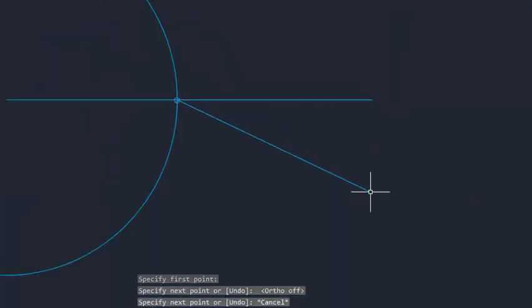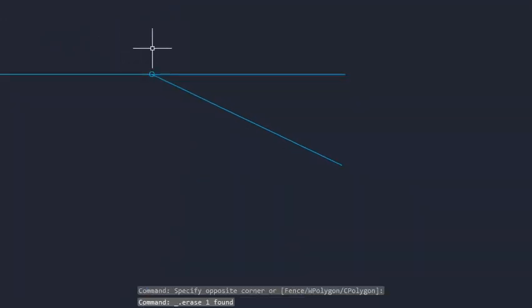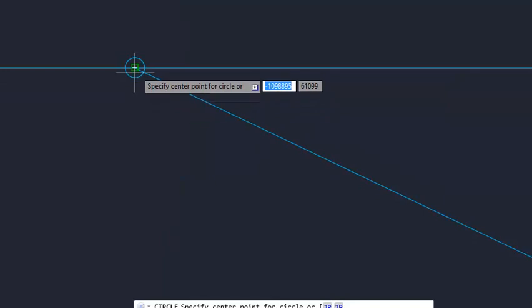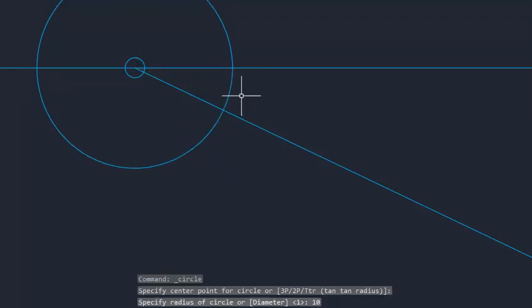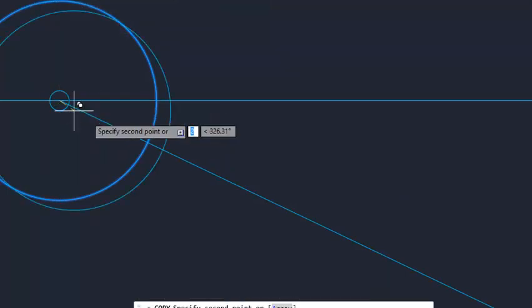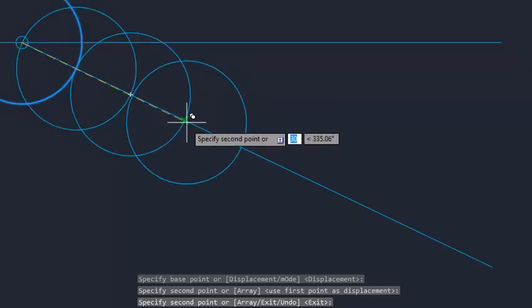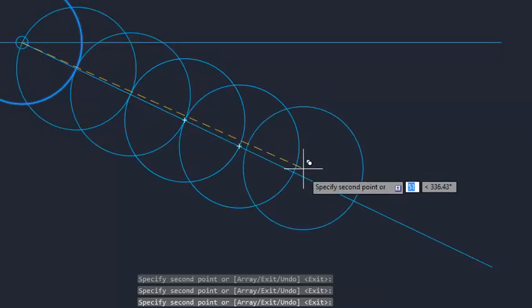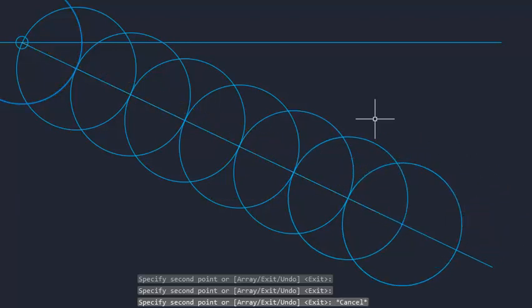So I draw a line at any convenient angle from that point, and then I divide this into 8 equal parts. 5 plus 3 is 8, so 8 parts. 1, 2, 3, 4, 5, 6, 7, 8.